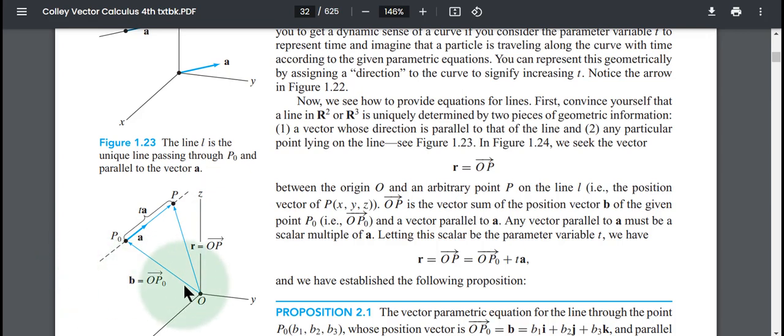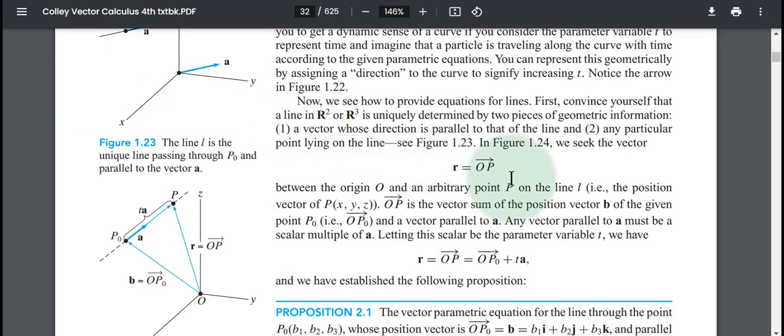So we have a vector from O to that arbitrary point, and we want to identify which points or which vectors provide a point on the line versus all the other vectors that provide points somewhere else but not on the line.